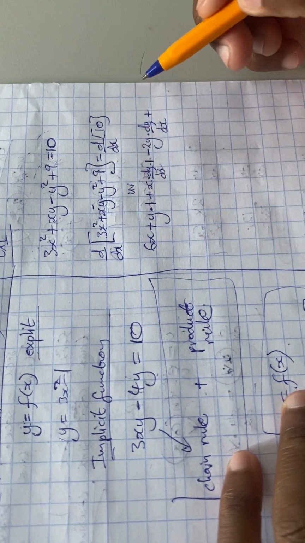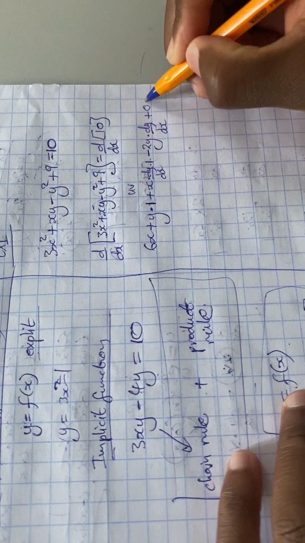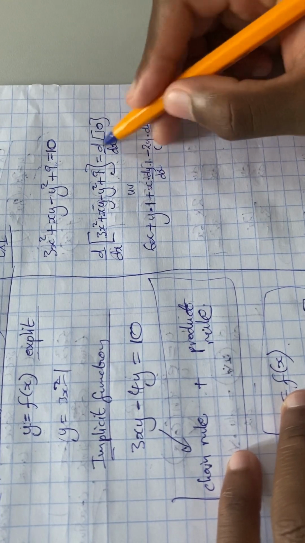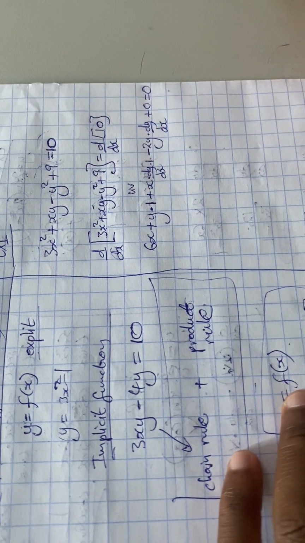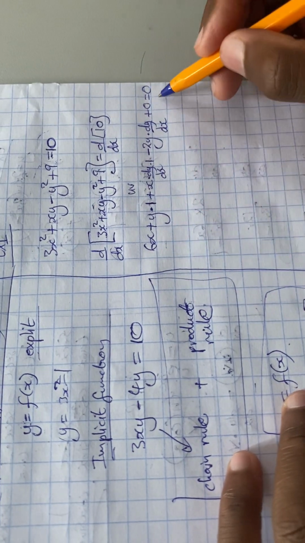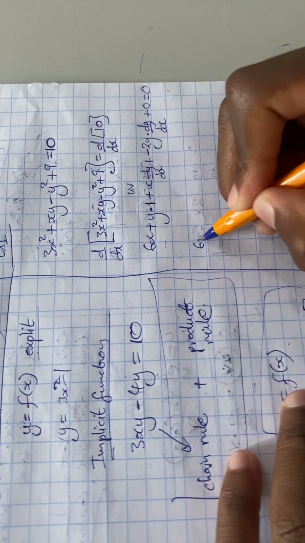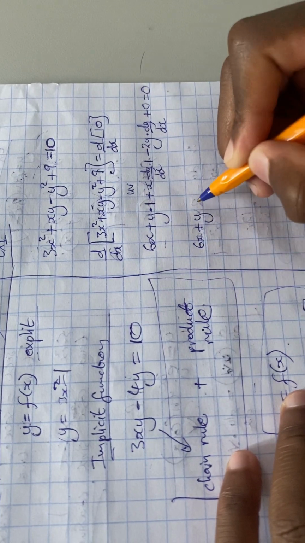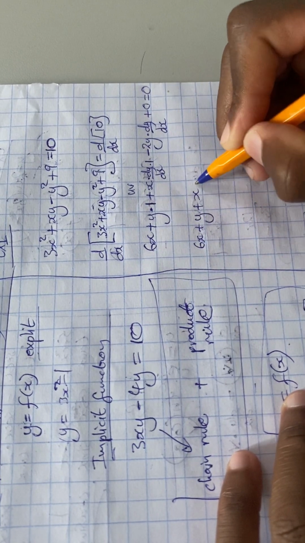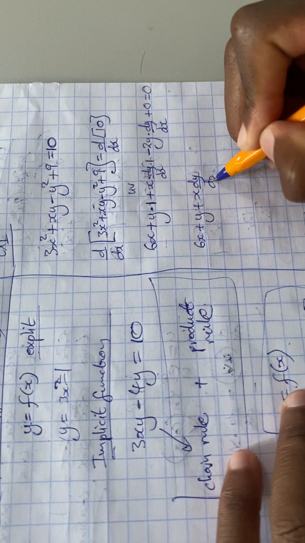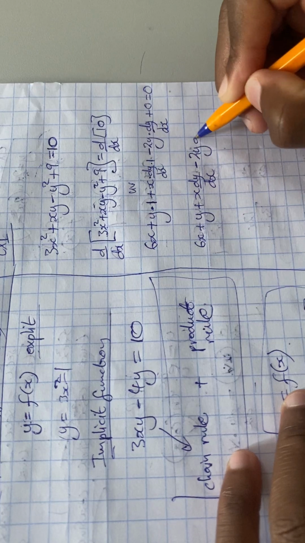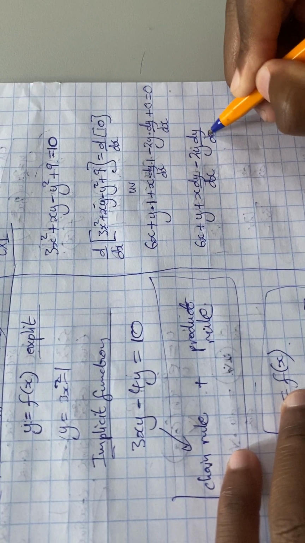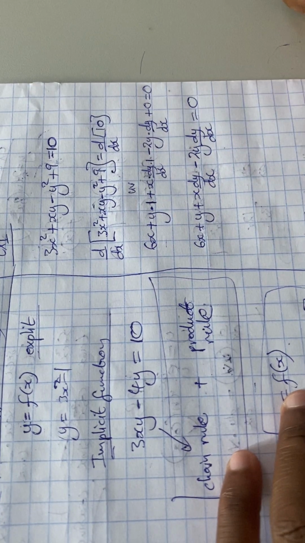Because 9 is a constant. 0, which is equal to 0 also, because we have the first derivative of 10, which is 0, because 10 is a constant. So if you simplify this one, you're going to get 6x plus y plus x dy dx minus 2y dy dx is equal to 0.